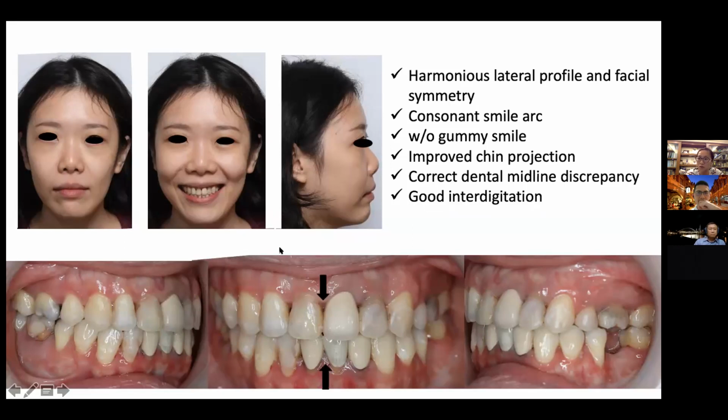And then we can show through the 3D simulation which asymmetric points we can correct, but which kind of asymmetry we cannot resolve. And patients should be aware of this treatment effect beforehand.